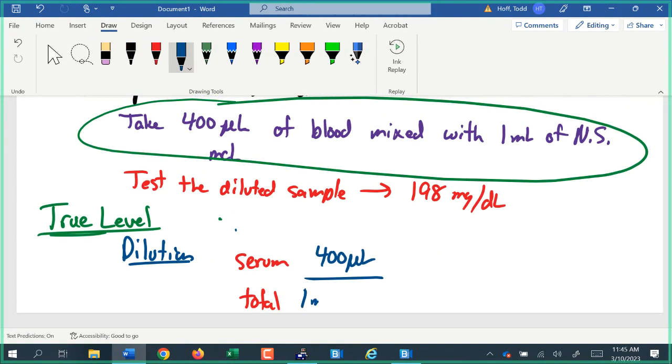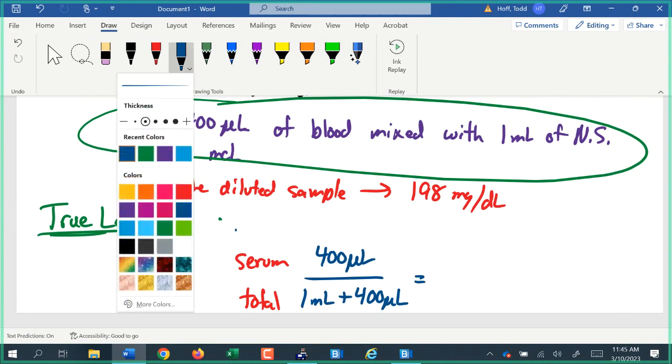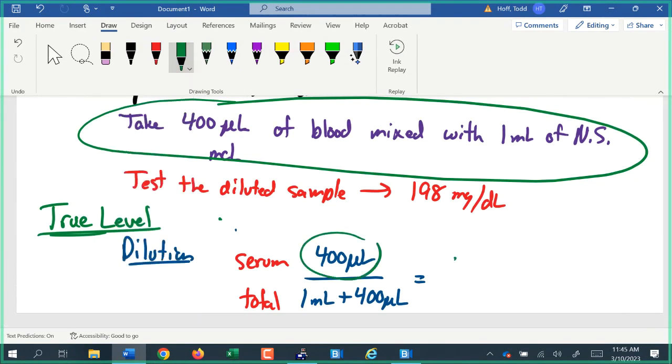We had 1 milliliter of water, but we added that to the 400 microliters of blood to get a total. Now the first thing we have to do here is change microliters to milliliters. 400 microliters is just 0.4 milliliters. So then this is 1 milliliter plus 0.4 milliliters on bottom. So we have 0.4 milliliters over 1.4 milliliters.